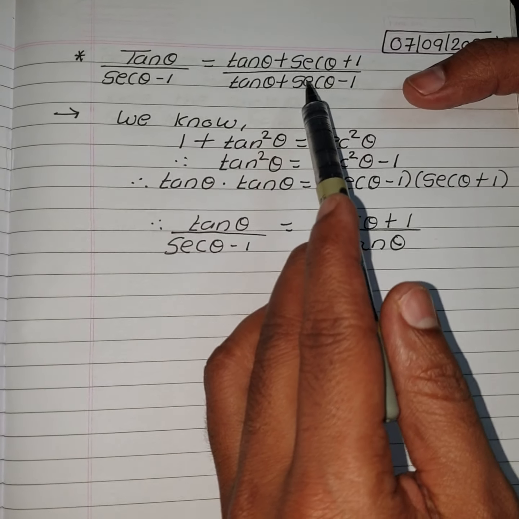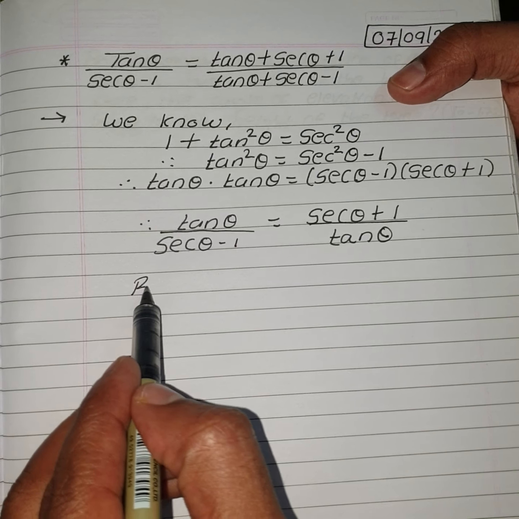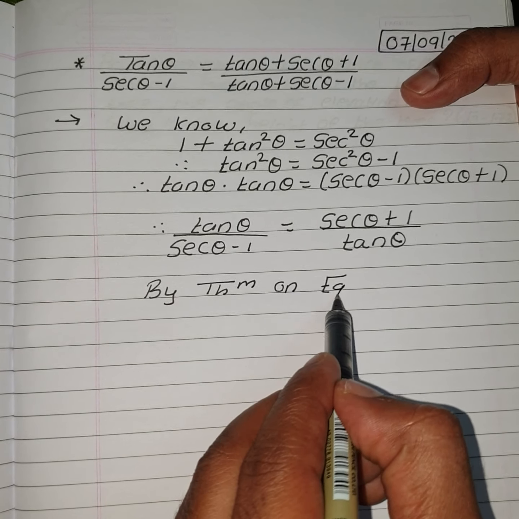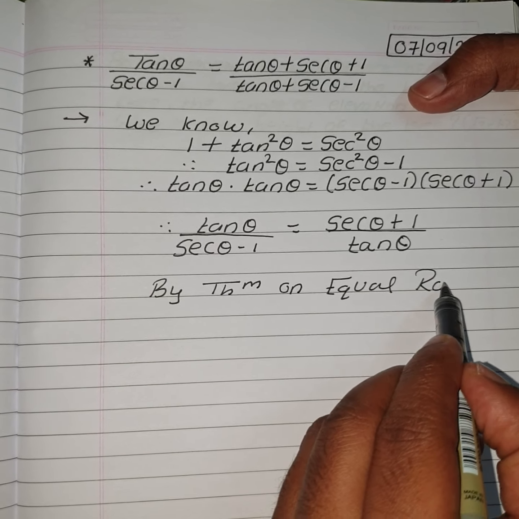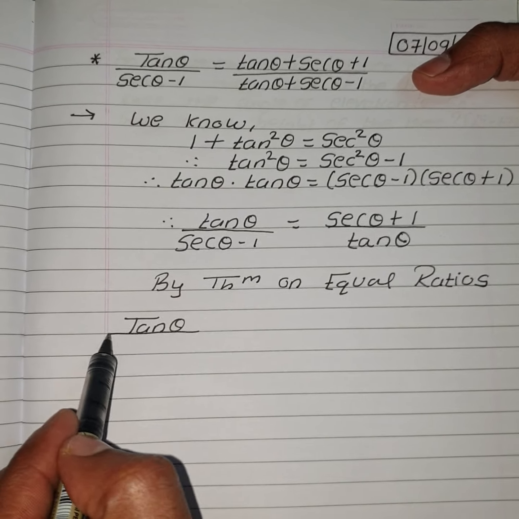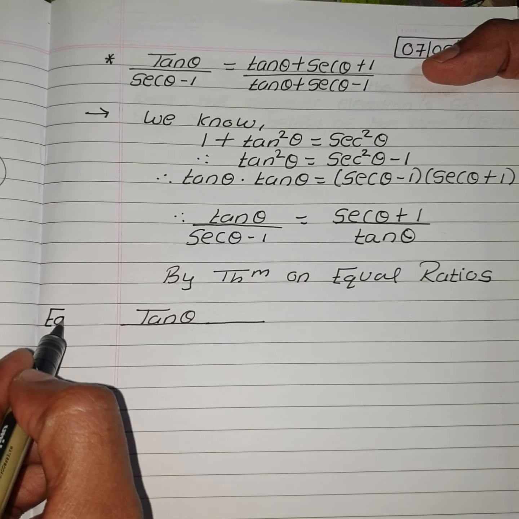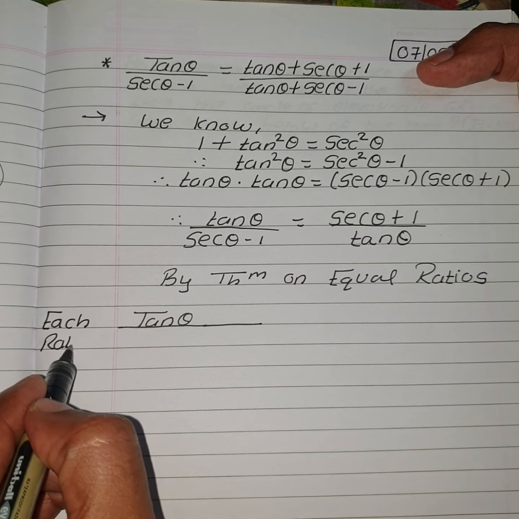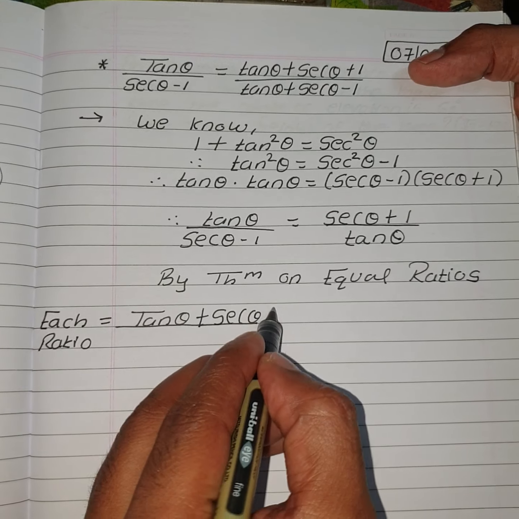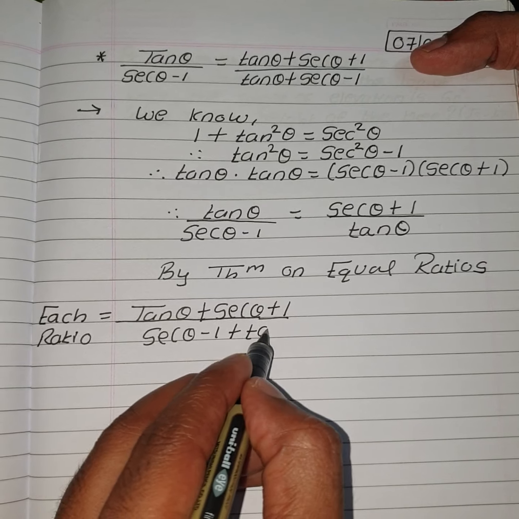Now in this case what do I need? Sec theta plus 1 I have, plus tan theta. So by the theorem on equal ratios, tan theta upon sec theta minus 1, each ratio is equal to, now we will add it, tan theta plus sec theta plus 1 upon sec theta minus 1 plus tan theta.